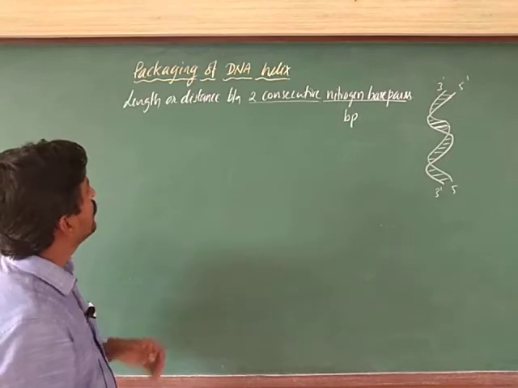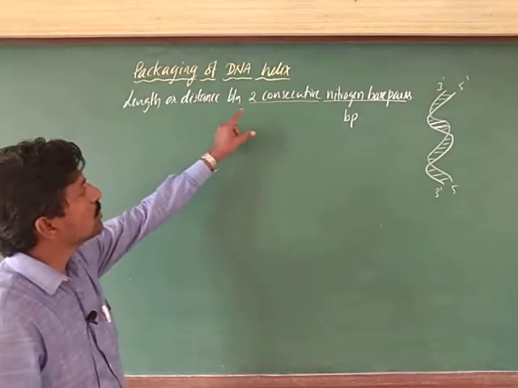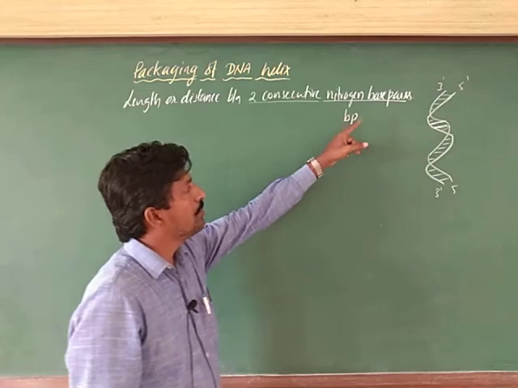So what is the value of the distance between two consecutive nitrogen base pairs?